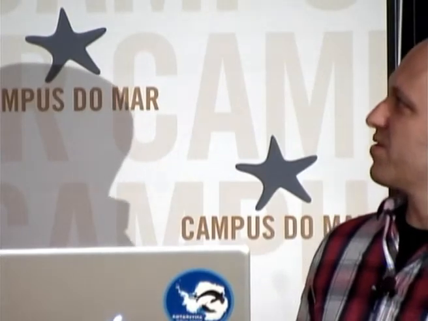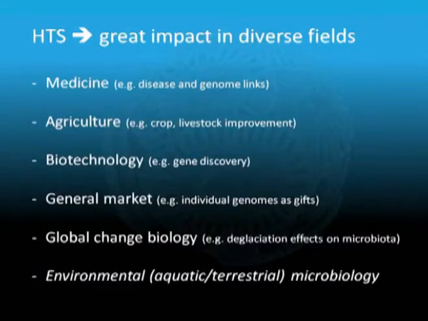So just to summarize a bit, I would say that high-throughput sequencing has a great impact or a great potential in diverse fields. Let's say medicine, agriculture, like improvement of livestock, biotechnology, doing gene discovery. There are people talking about, in a few years, giving your genome as a gift or stuff like that.